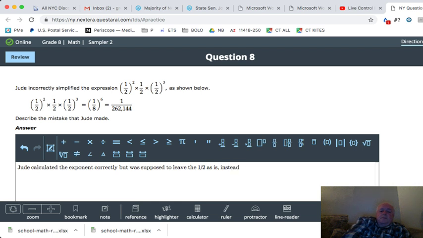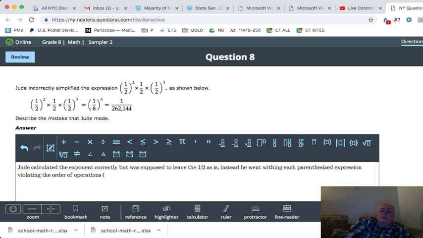Instead, he went within each parenthesized expression, violating the order of operations.